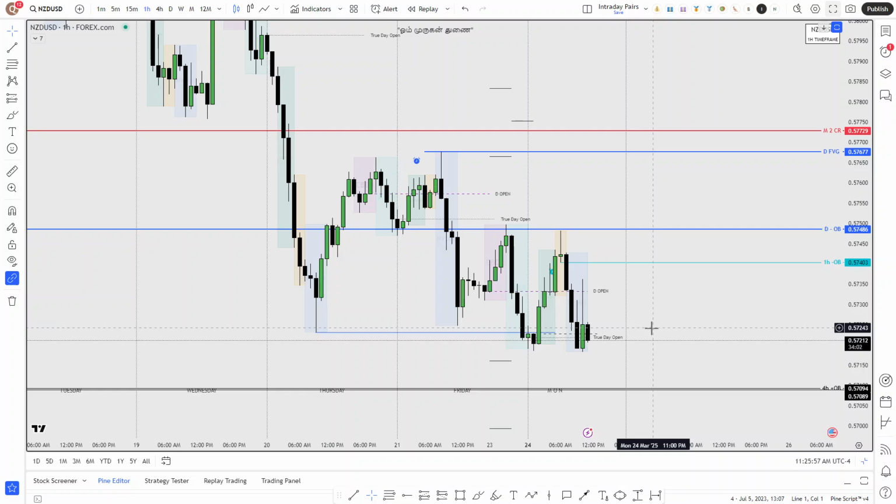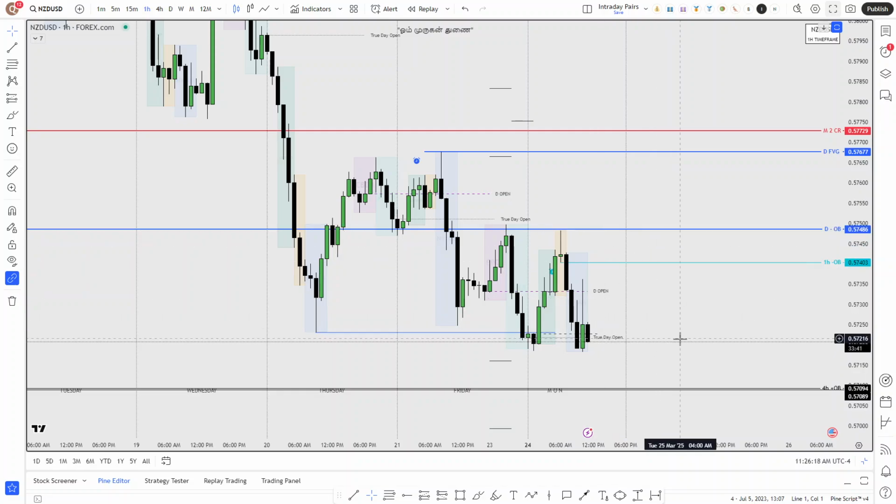Then we concluded that this is not a high probability setup as of now, so we'll just wait. If it is an SL hit, then it is fine, and if it is a TP hit, then it is also fine. At the end of the day, what we need to do is learn from this market so that you will not repeat the same mistake or same kind of error in future.